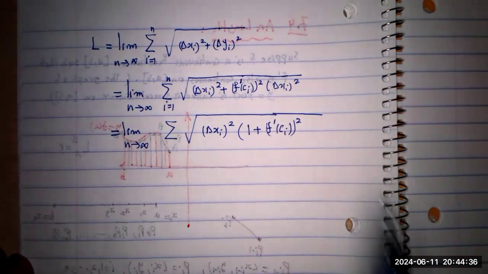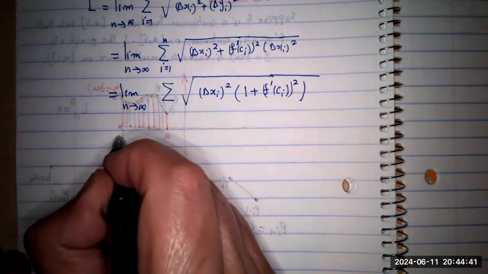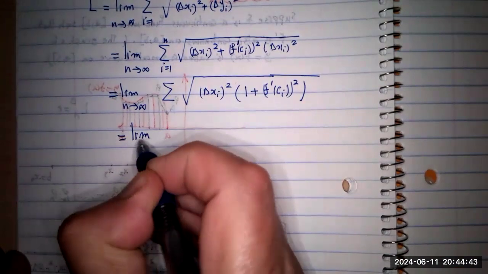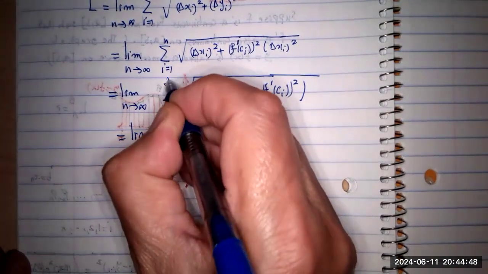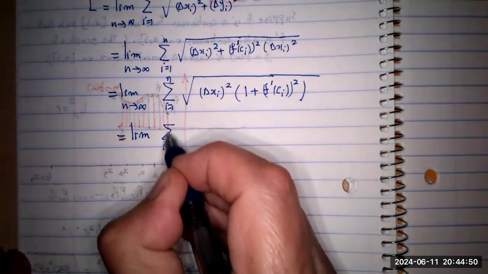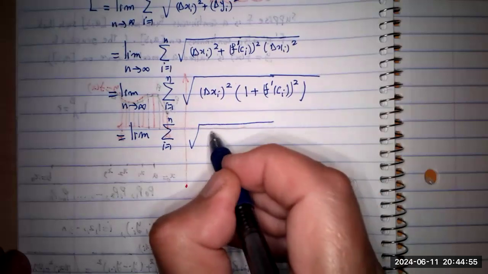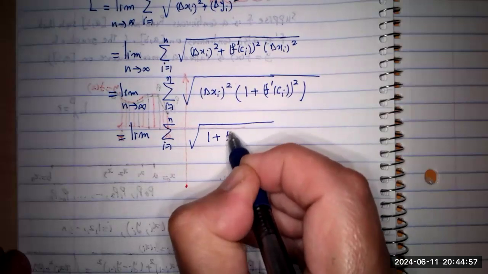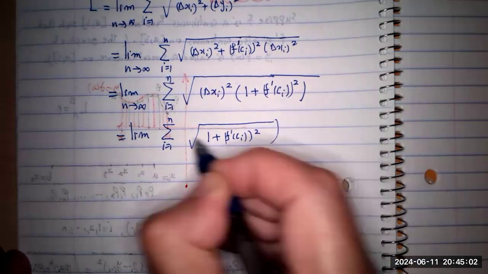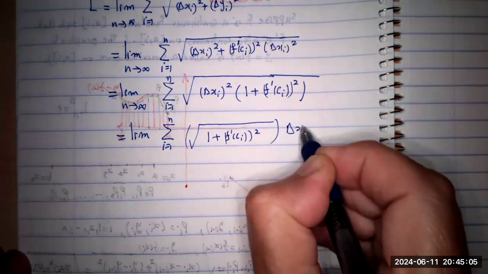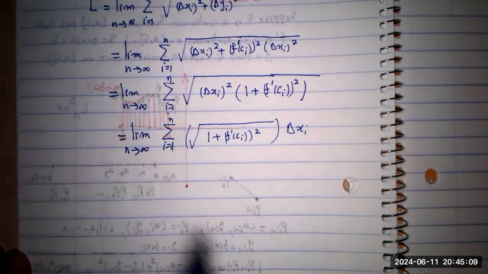So that gives the limit of the sum, i from 1 to n, of the square root of 1 plus f prime of ci all squared. Outside of the radical, you get your delta xi, i from 1 to n, as n goes to infinity. That's it.